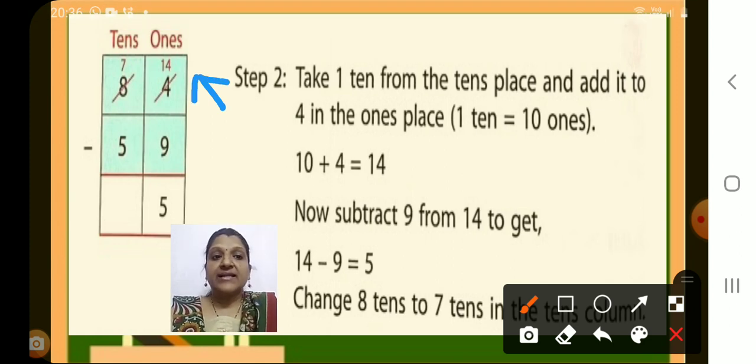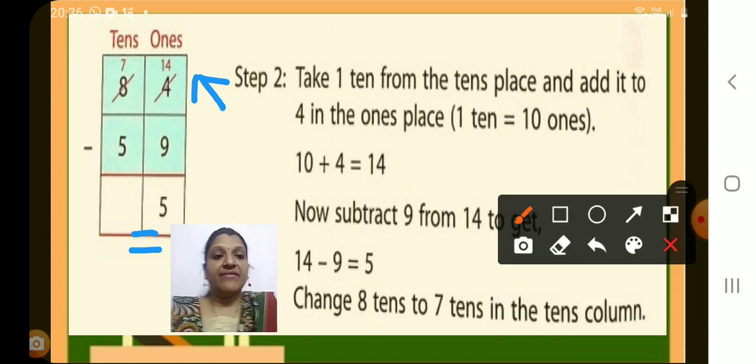Now subtract 9 from 14 to get 14 minus 9 equals 5 over here. Change 8 tens to 7 tens in the tens column. As we have borrowed 1 from the tens place, we have to subtract 1 from 8 and the answer will be 7, which we have put over here.